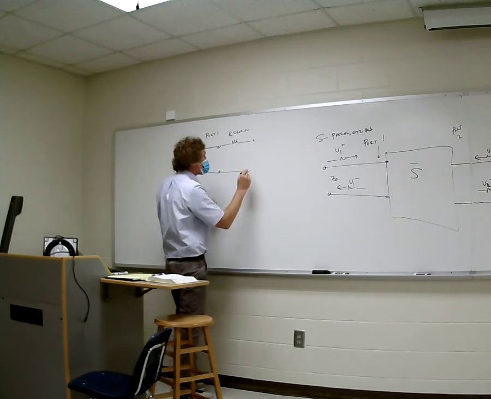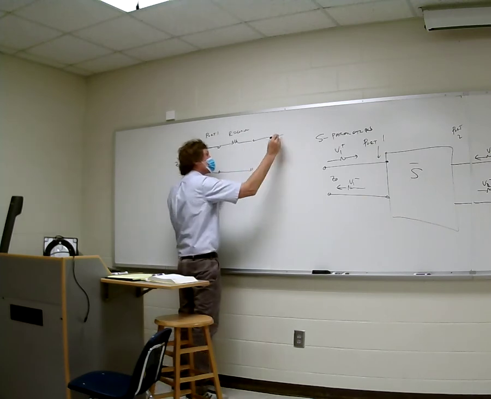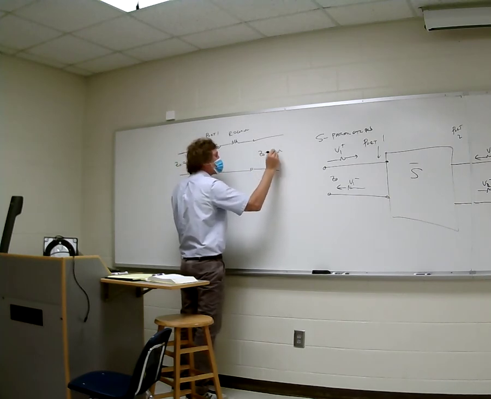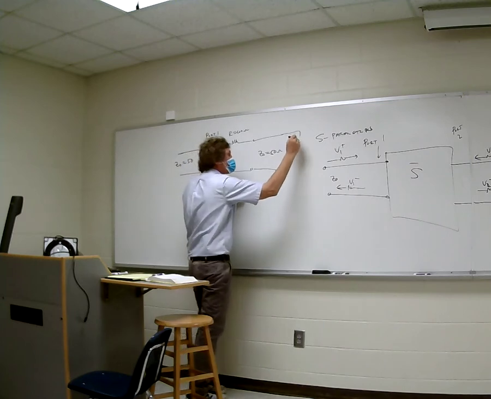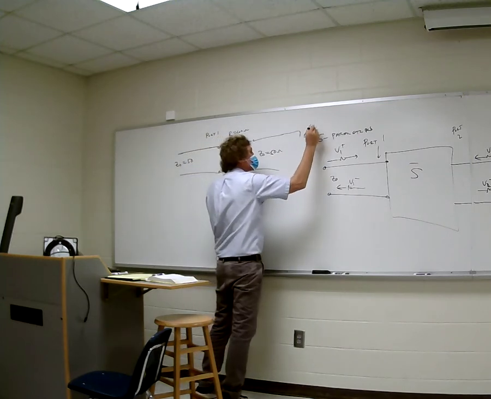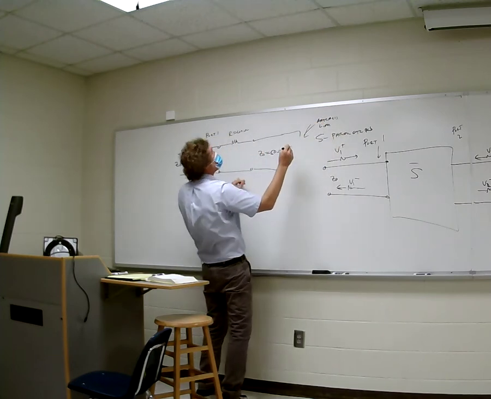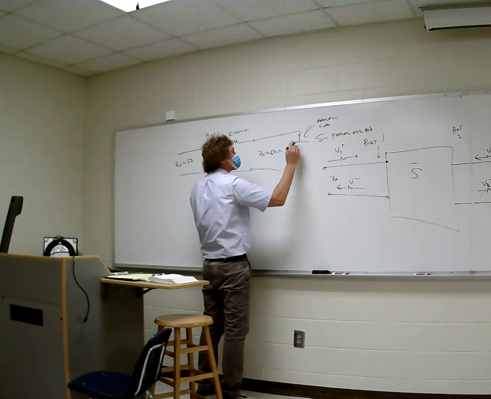All right? Then I'm going to connect it to another transmission line. And this is going to have a characteristic impedance Z0 equal 50 ohms. And it will be into a matched load. All right. So the load is 50 ohms, right?